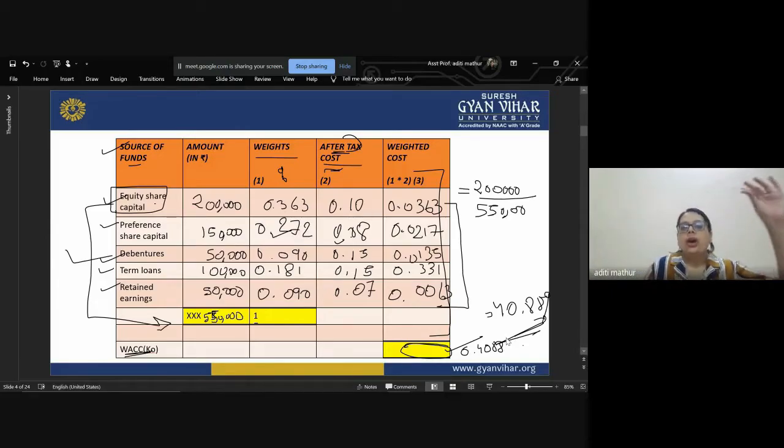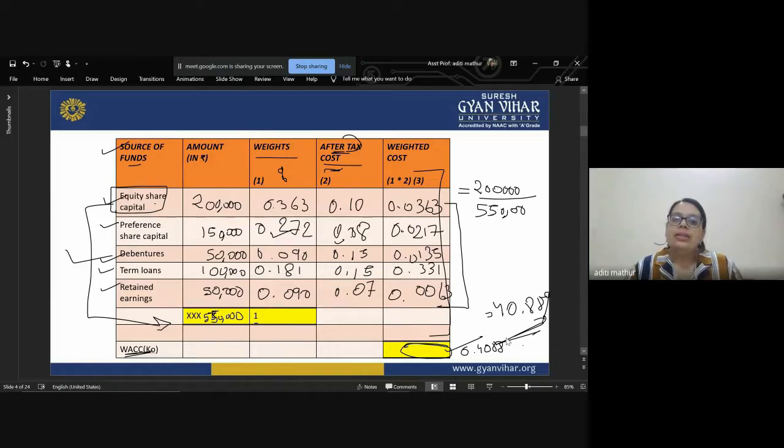So security divided by total capital, we get the weights. Then we wrote down the cost after tax of each security. Individually, we multiplied them so that we can get the weighted cost. And when we sum them all together, we get our total cost of capital, that is KO. And this method is known as WACC, that is weighted average cost of capital.